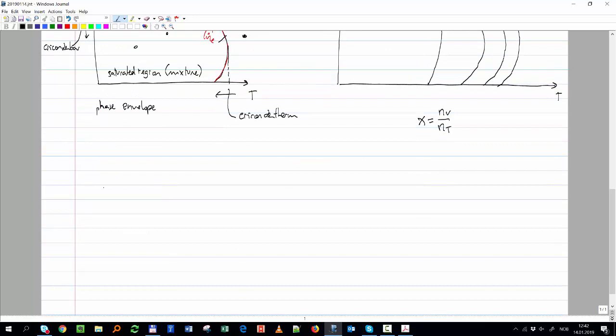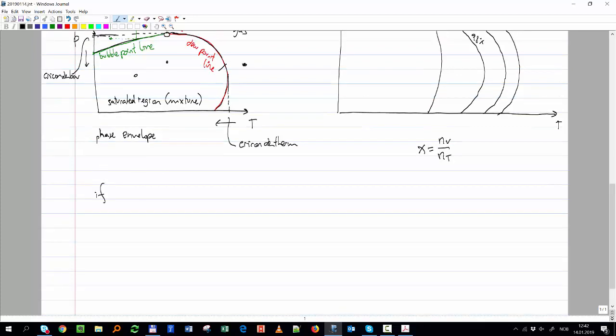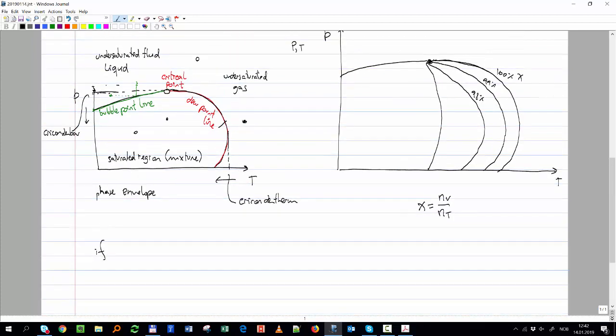Before we go on, let's talk a bit about an oil reservoir. The phase envelope looks similar whether it's a gas or an oil. The thing is the starting point, where I am. Where do I start?